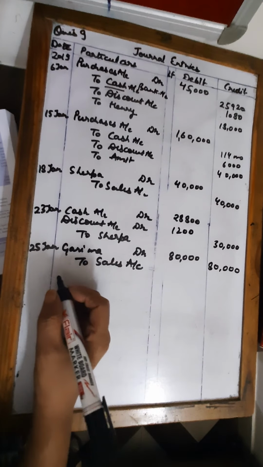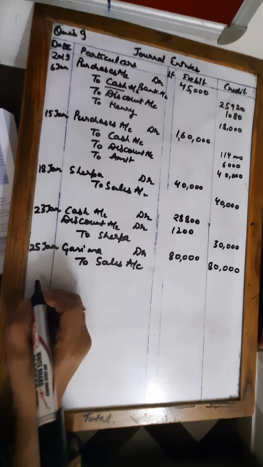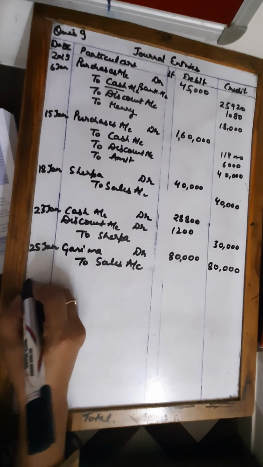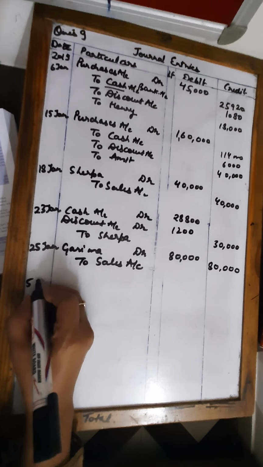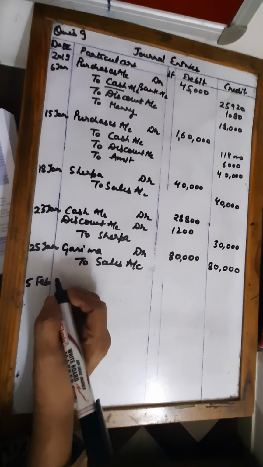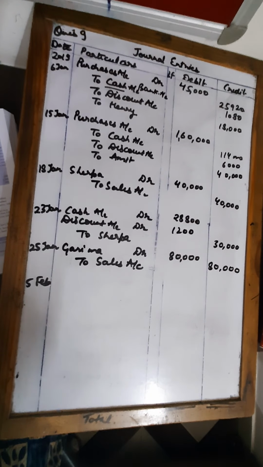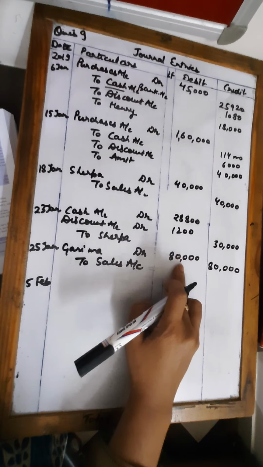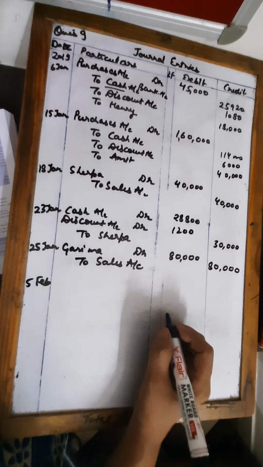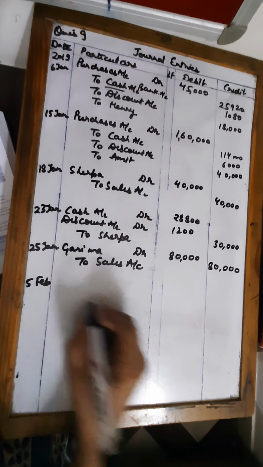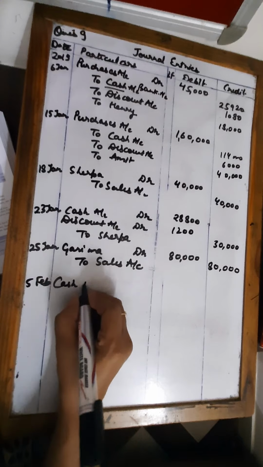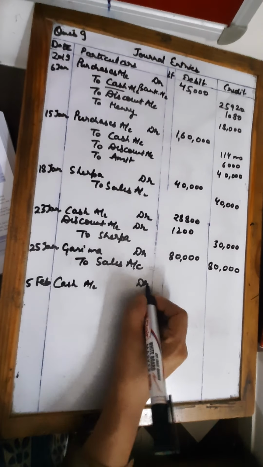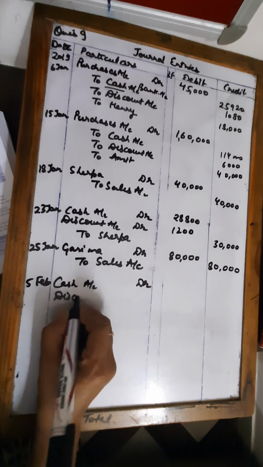So she is paying on 5th February, that is within 15 days. 1/4 amount is paid on 5th February. So you have to calculate 1/4 of rupees 80,000, that is 20,000 she is paying. Entry will be cash account debit, discount account debit.